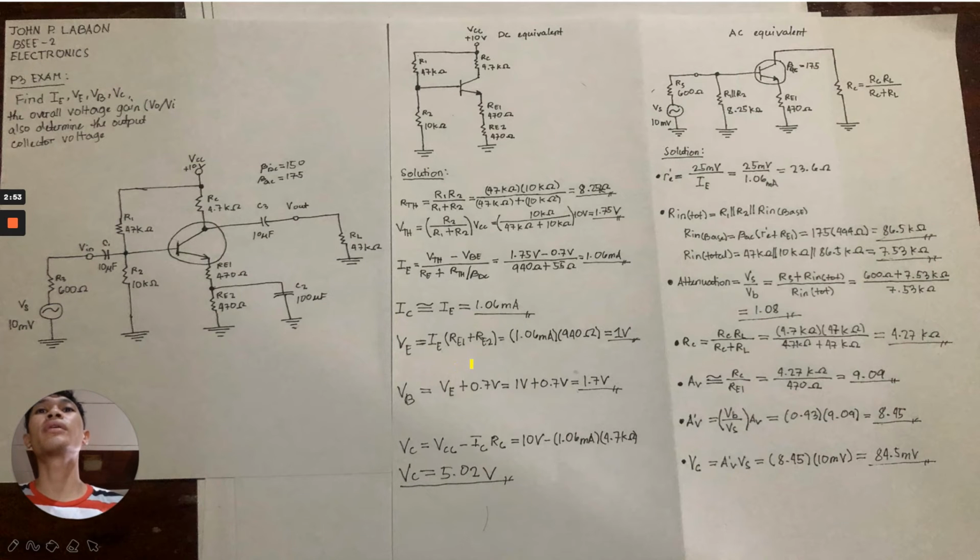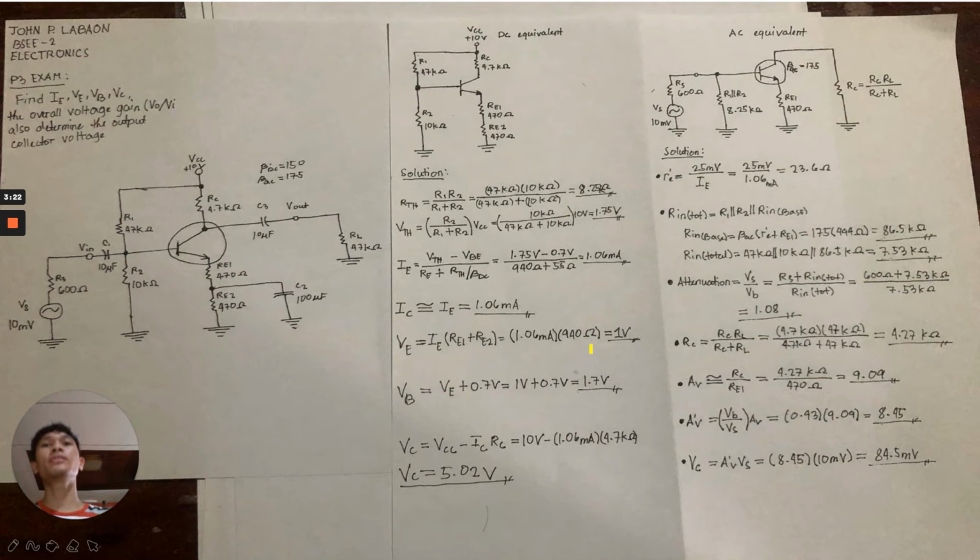Now we get the value of our emitter voltage, which is equal to emitter current multiplied by emitter resistance 1 plus emitter resistance 2. Since our RE1 and RE2 are the same, we just added them up, which gives 940 ohms.